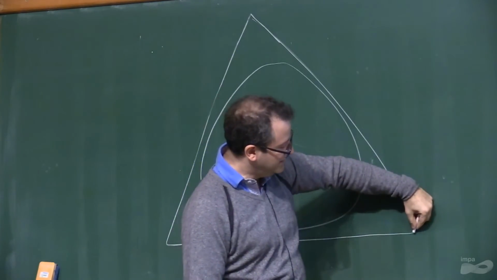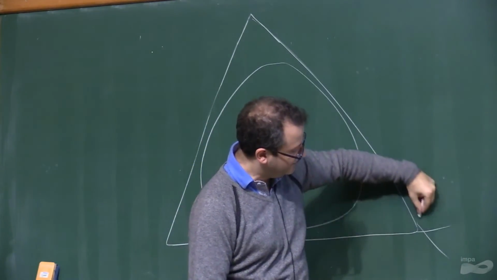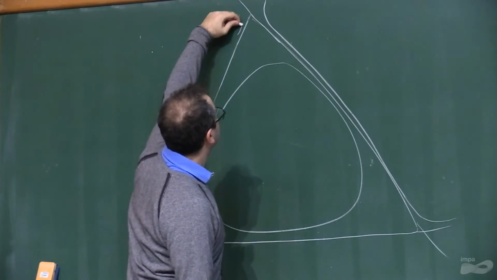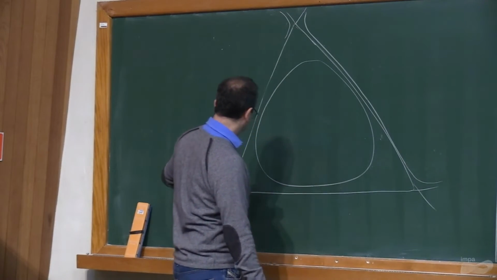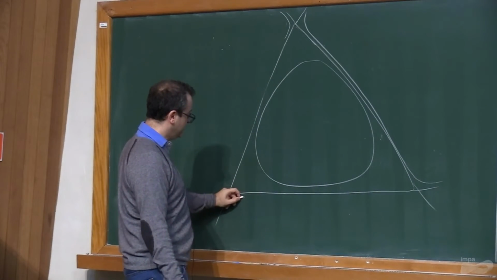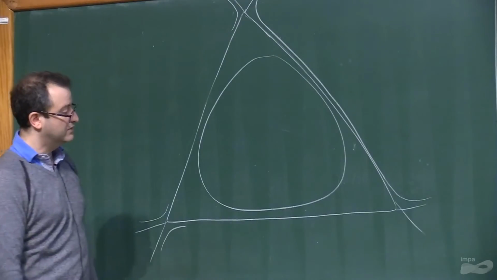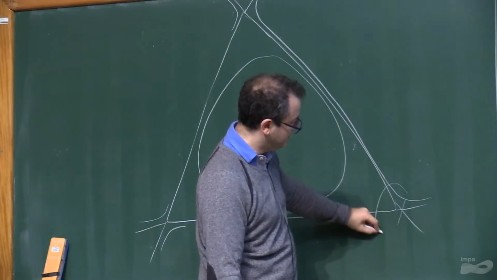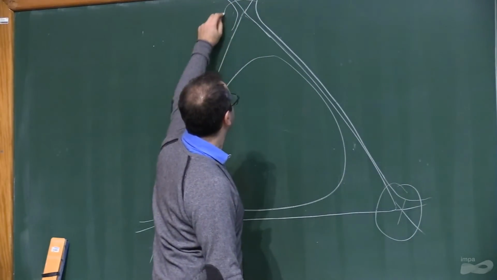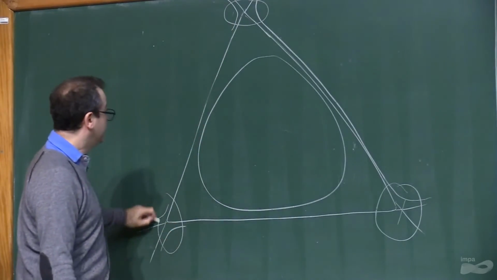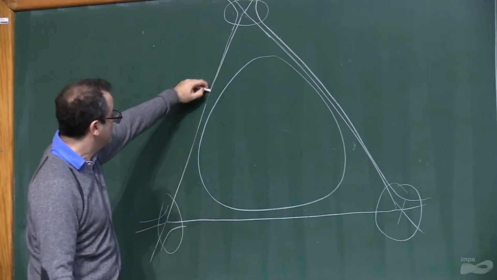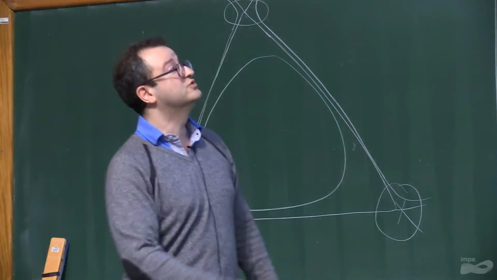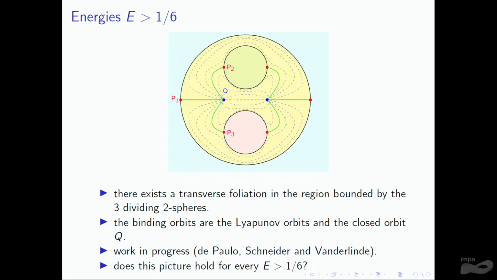When you go slightly above, then you lose convexity for sure, because in this region of the neck it's not convex, of course. So there is a small region where we lose convexity. And even here, this region is not convex anymore, but still it's possible to control the linearized flow, so some properties remain.